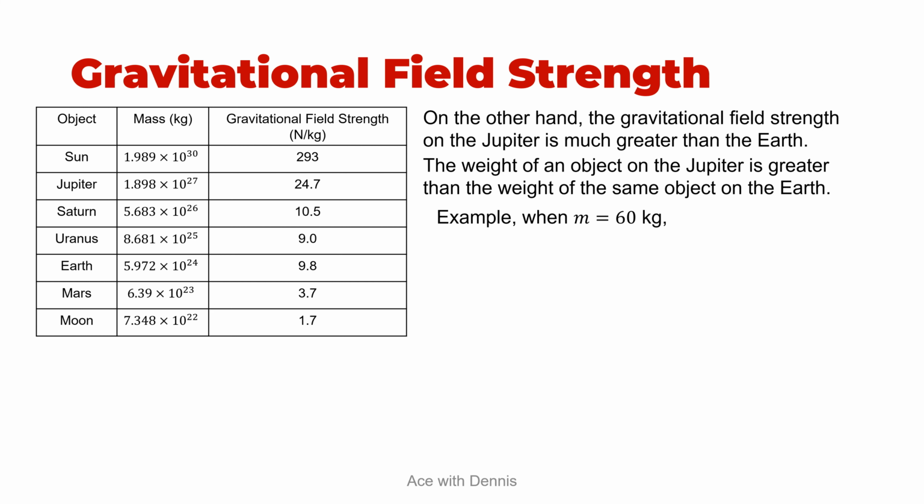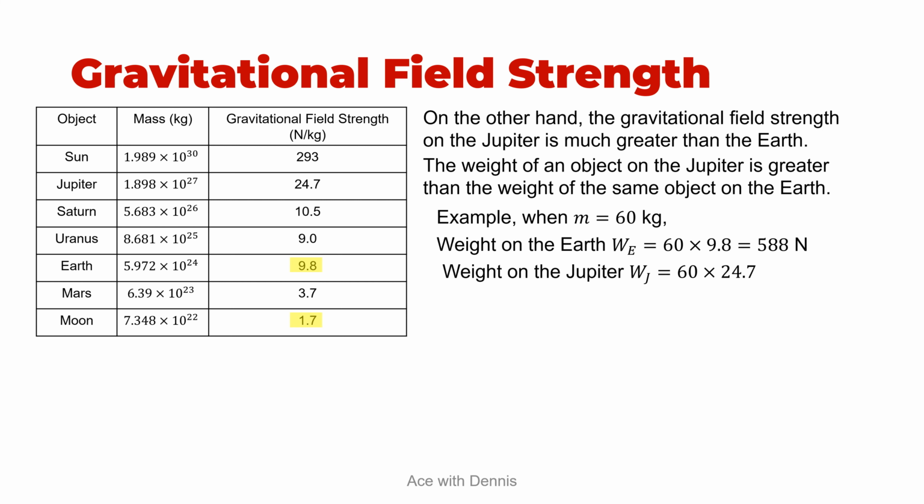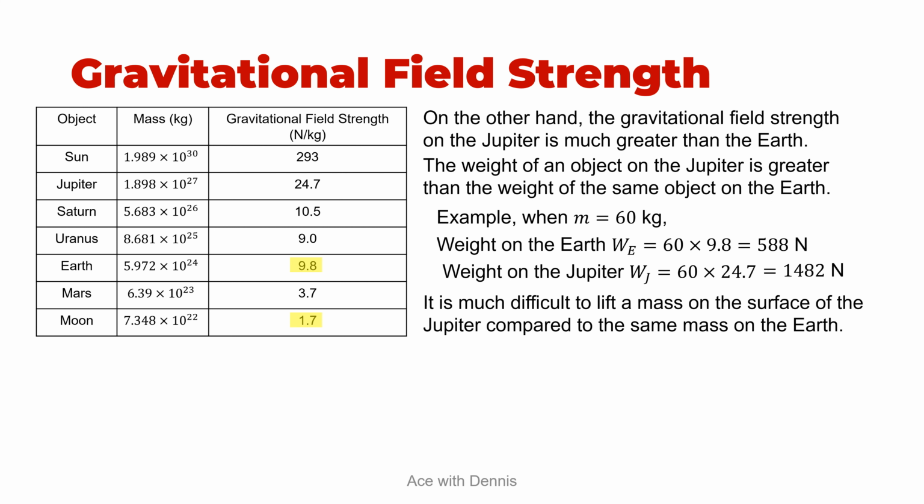When the mass is 60 kilograms, the weight on the Earth, WE, will be 60 times 9.8, which is 588 Newtons, and its weight on Jupiter, WJ, will be 60 times 24.7, which is 1482 Newtons. As you can see from comparing the results of these two calculations, we can conclude that it is much more difficult to lift a mass on the surface of Jupiter compared to the same mass on the Earth.